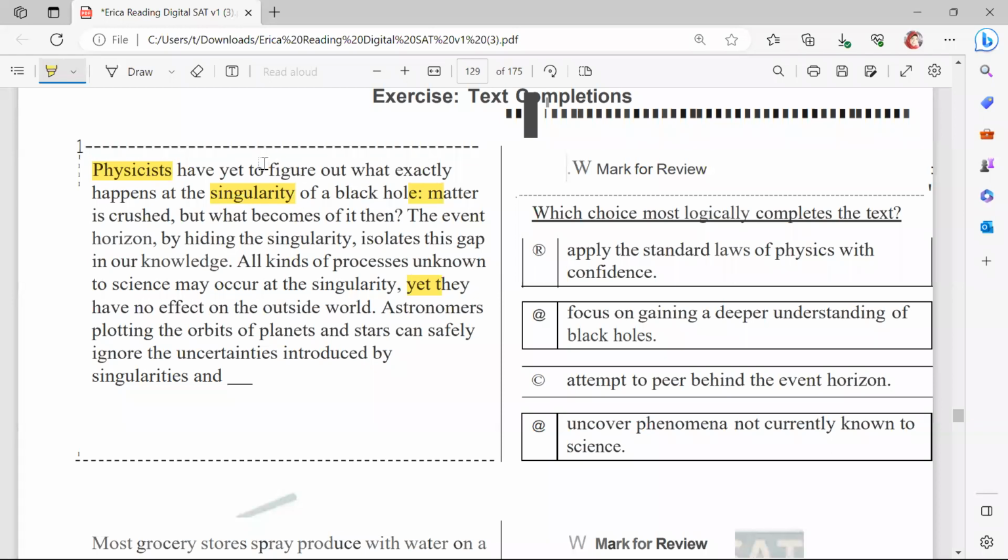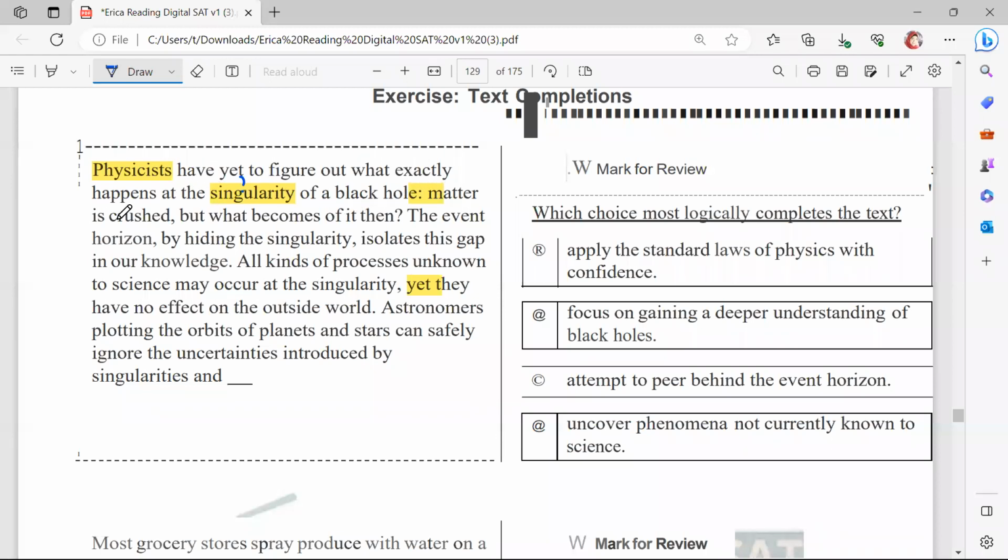They still have yet to figure out, okay? They need to figure out what exactly happens at the singularity of a black hole. Singularity, I will assume that I don't know it in the test and I do not have a teacher to explain it for me or a dictionary to look this word up. I will say that, okay, it happens at X of a black hole.